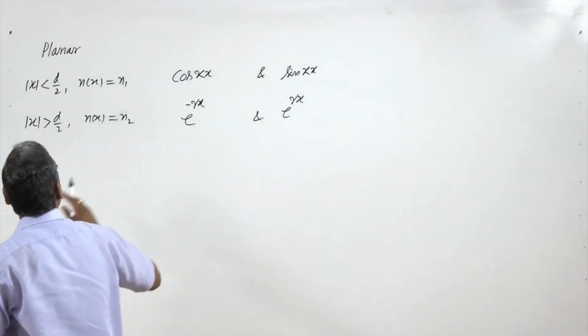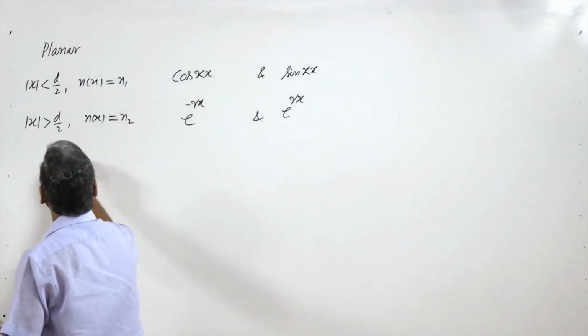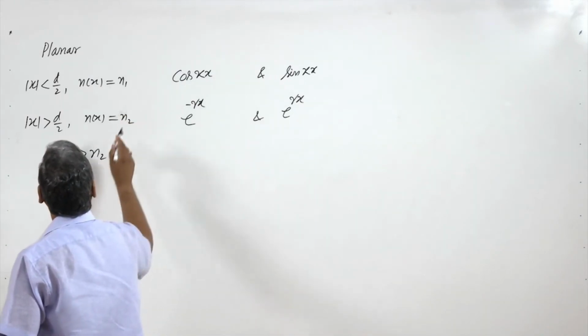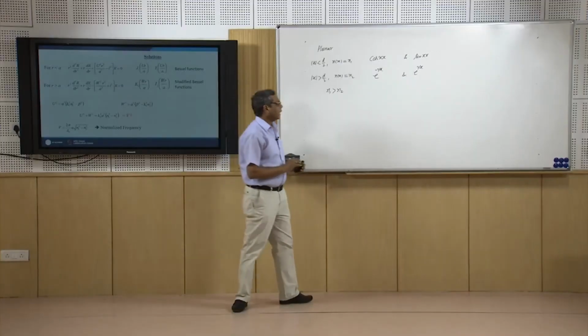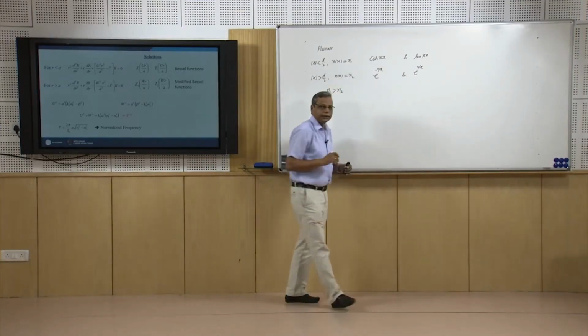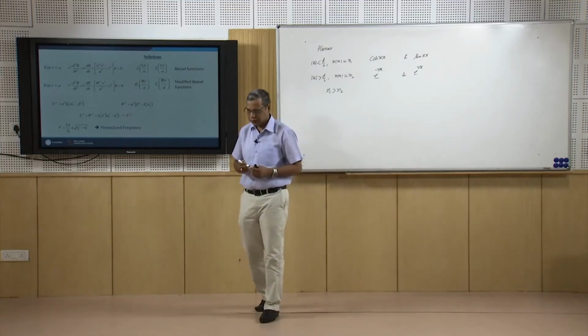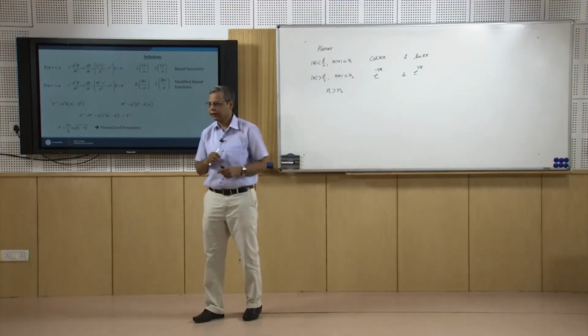So, I had oscillatory solutions in the high index region because n 1 is greater than n 2, and exponentially decaying solutions in the low index region, so that the energy is confined in the high index region.